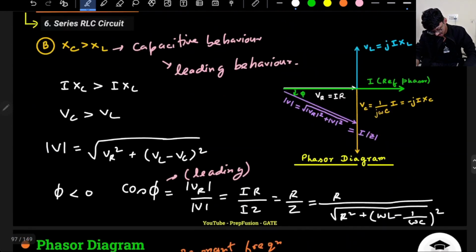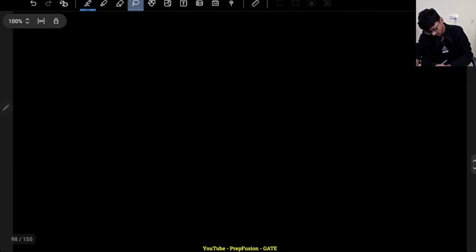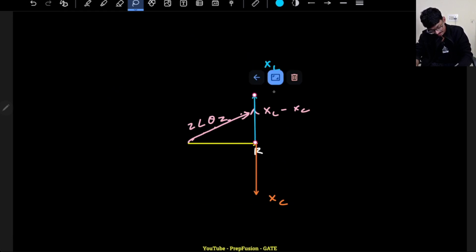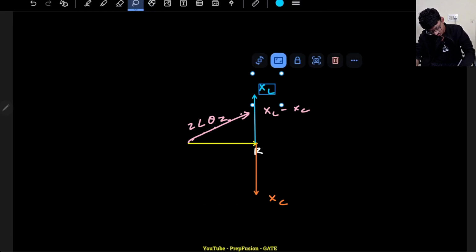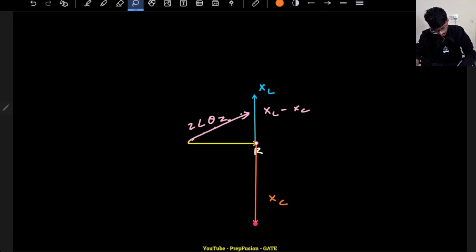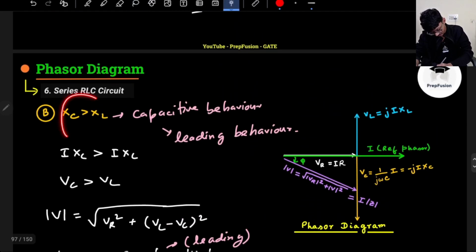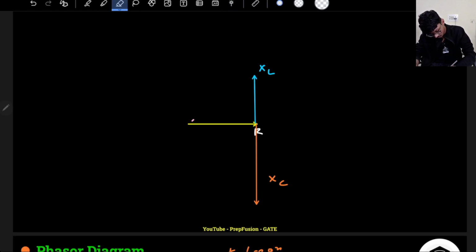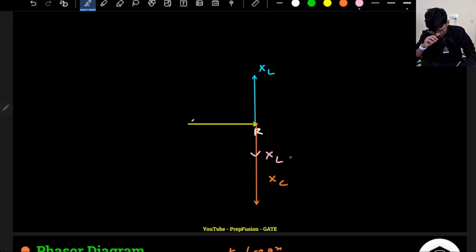The impedance diagram in the capacitive case will be somewhat like this. The inductive reactance will be lower than the capacitive reactance, so the capacitive reactance will be higher, as mentioned right here. So overall your resultant will not be on the upper side, it will be on the downward side. Overall XL minus XC, or XC minus XL, you can write, but I am just showing you the positive number.